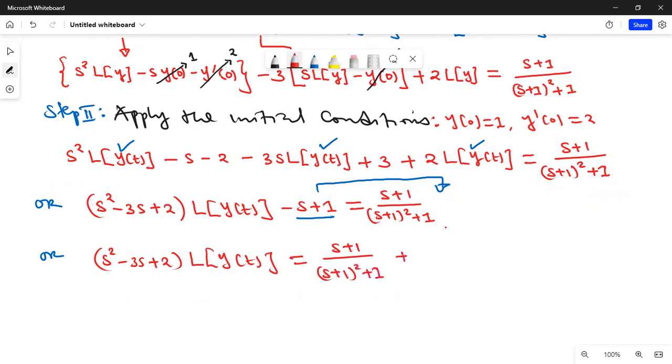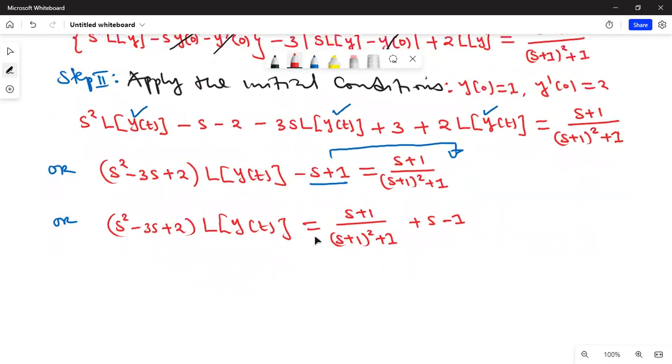So I'll have plus s minus 1. That's what I have. And then the next thing, you make the Laplace transform the subject.